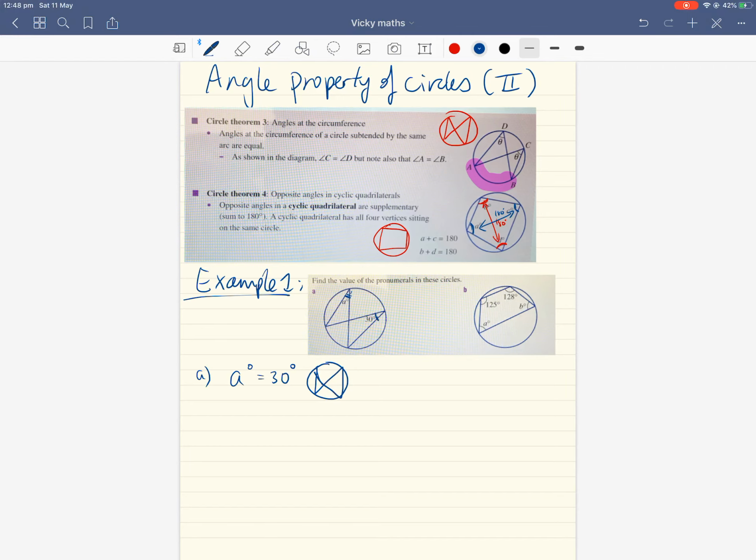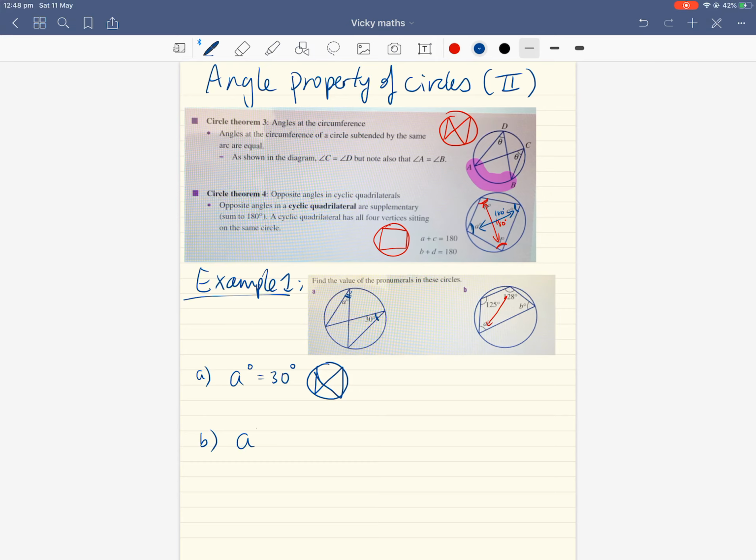In the next one, part B, you can observe that we have a 4-sided shape, a quadrilateral inside a circle, and that the vertices of the quadrilateral are touching the edge of the circle, so we have a cyclic quadrilateral. What cyclic quadrilateral means is opposite angles add up to 180. So in this case, A degrees and 128 degrees add to 180.